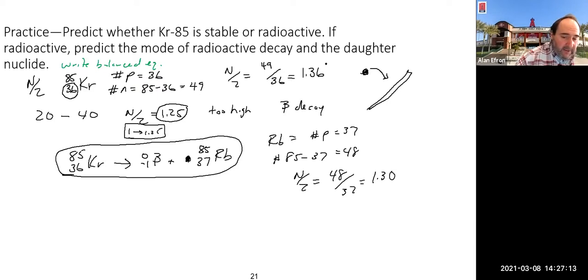So if you remember, we started at 1.36. By going through this process, we ended up at 1.3. Again, not perfect, but we are moving in the right direction in terms of the ratio.